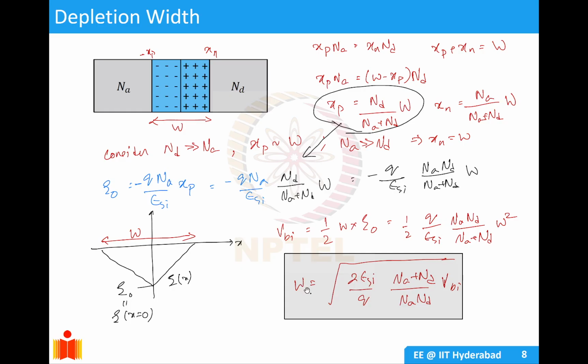So your W can then be calculated from the built-in potential as square root of 2 epsilon Si by q times NA plus ND upon NA ND into Vbi. So from the built-in potential and the individual doping, you can get your W, and from W you can get your XP and XN.